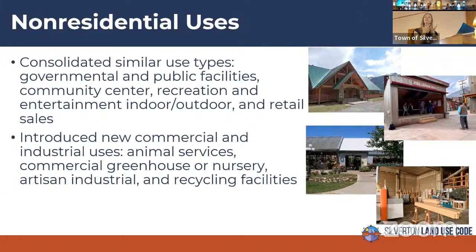And then we've introduced some new commercial and industrial uses, things like animal services, so veterinarians, pet grooming, greenhouses and nurseries, artisan industrial, so really small scale industrial, so maybe woodworking or that sort of thing, and then also recycling facilities. Next slide, please.